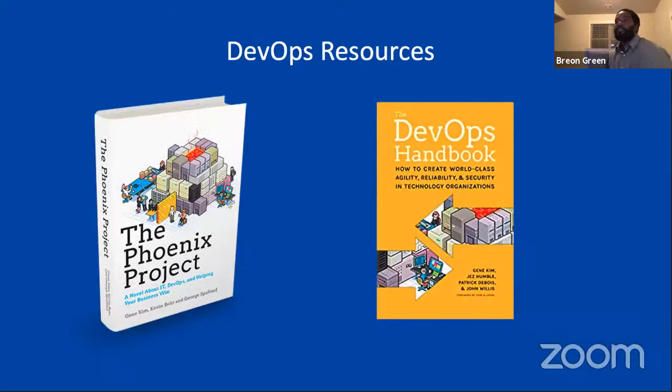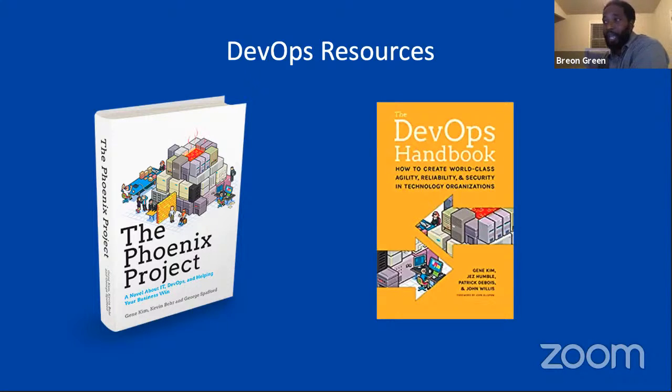All right, so here are a couple resources that I'll leave you with. Definitely the Phoenix Project. If you're in IT or interested in IT, this is a tell-all book, and it will probably speak to a lot of areas in your organization that may need to be looked at and possibly evaluated in a way where DevOps could be advantageous and could act as a way for them to transform their digital operations.